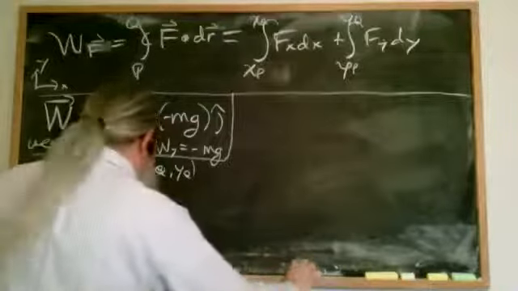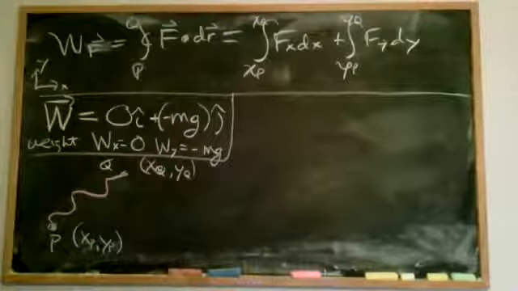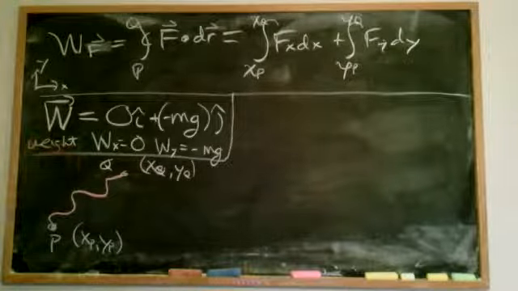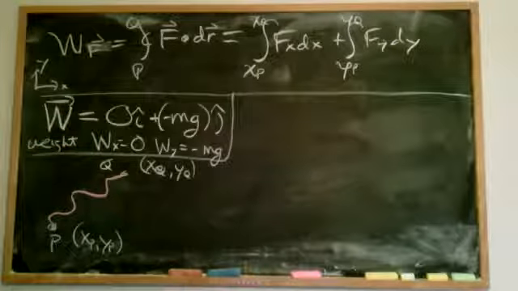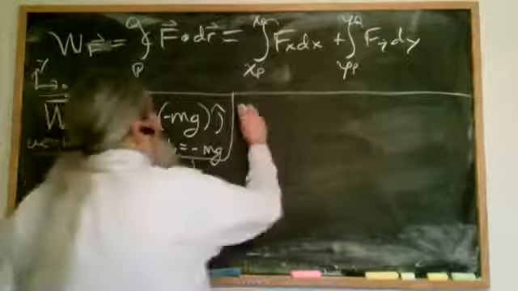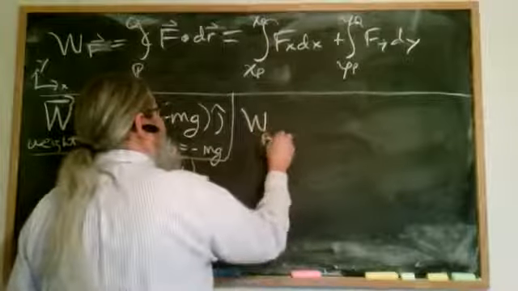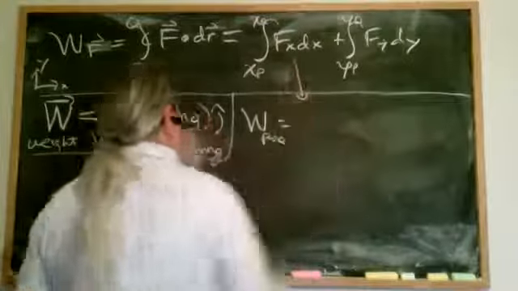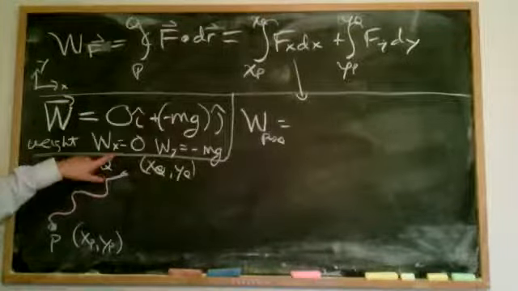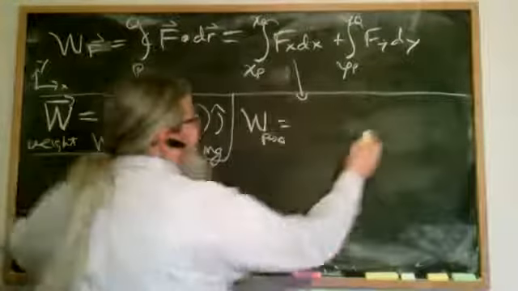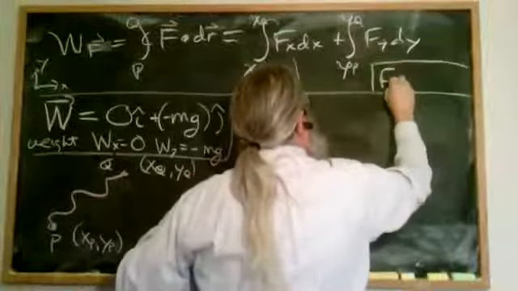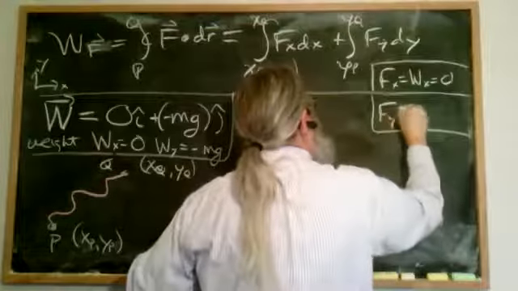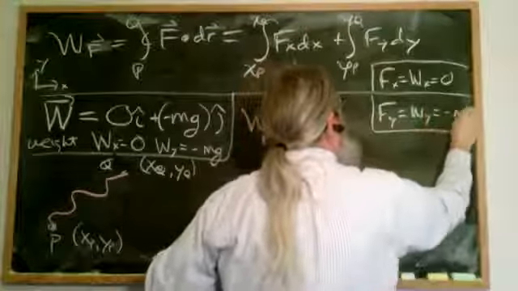But if I want to know the work done by the weight, I can use this expression to explicitly calculate it. The work done going from P to Q is the integral of f of x dx plus the integral of f of y dy. In this case, f of x is just w sub x, which is equal to 0, and f of y is w sub y, which is equal to negative mg.